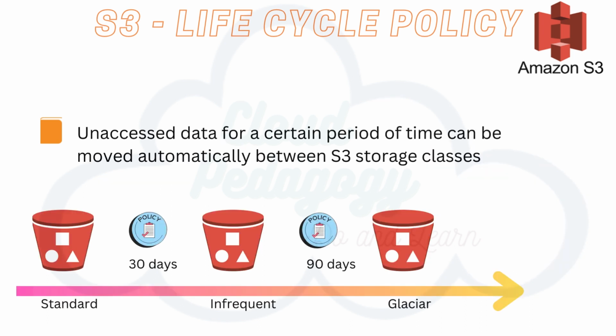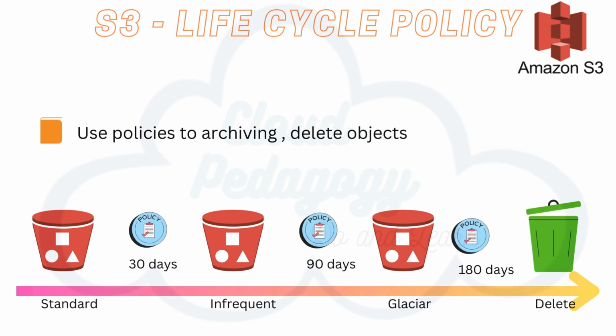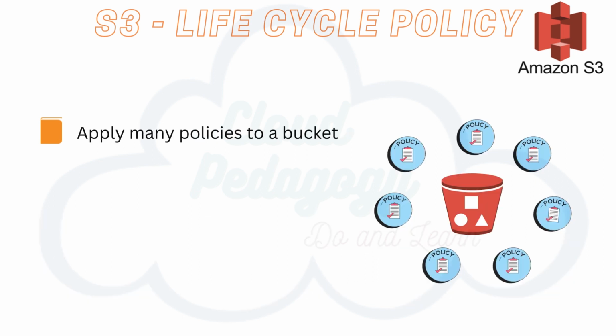When data has not been accessed for a certain period of time, it can be moved automatically between S3 storage classes using a lifecycle policy. AWS lifecycle policy actions include transitioning objects between classes, deleting or archiving them. Moreover, you can have as many policies as you like for each S3 bucket.